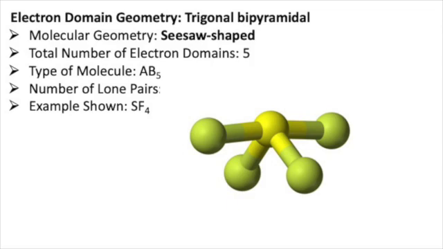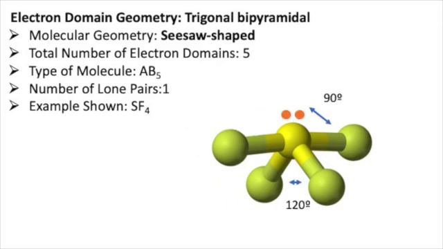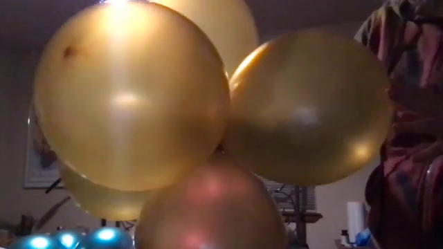The next electron domain geometry we're going to talk about is trigonal bipyramidal. The molecular geometry here is seesaw shaped. The total number of electron domains here is 5, because there are 4 bonded electrons and one lone pair.